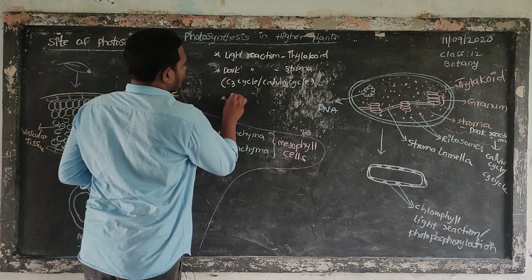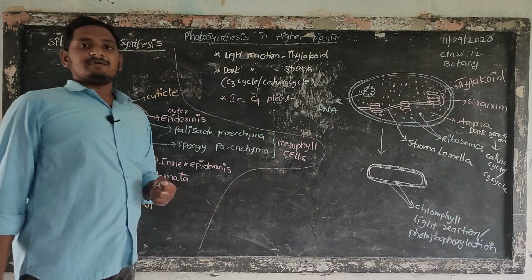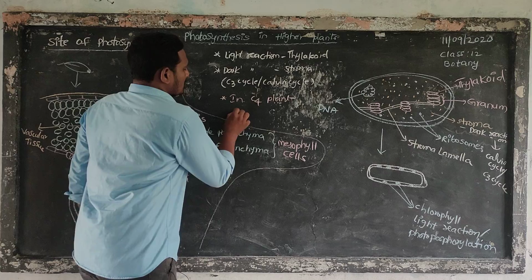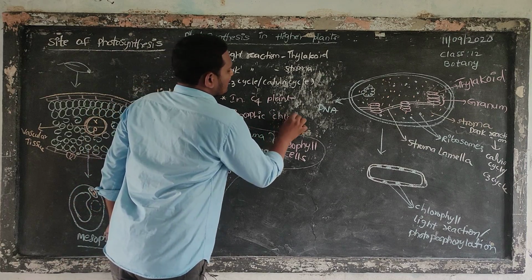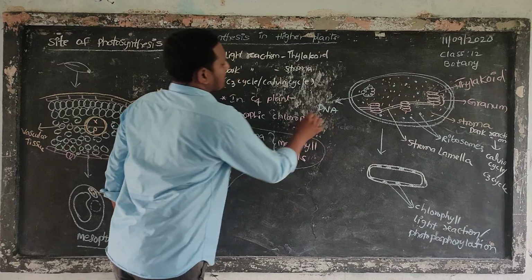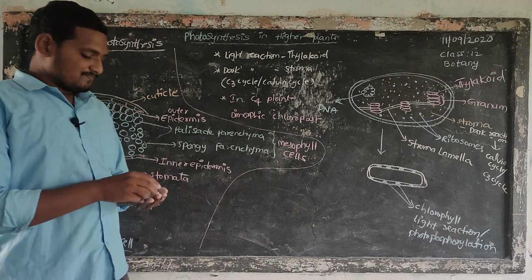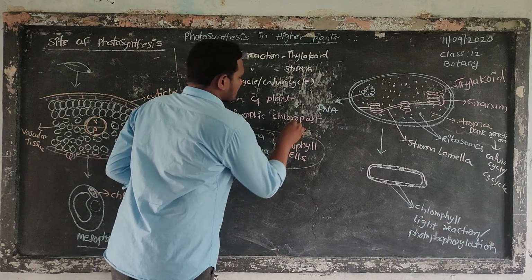dimorphic chloroplasts are present. Dimorphic chloroplasts are present in C4 plants. These dimorphic chloroplasts are mainly of two types.